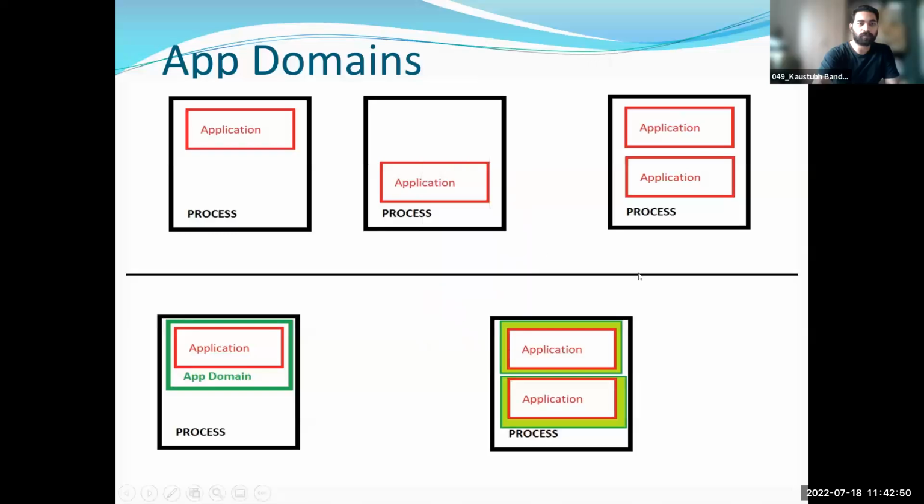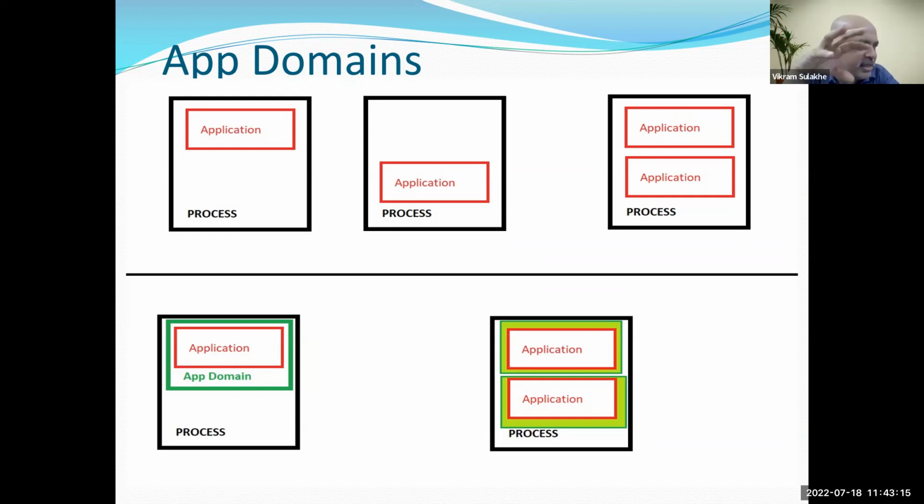Sir, what exactly does that black box of the process indicate? As in, are you saying that it is given much more space or CPU usage for the application, or what exactly does it represent? Every application in an operating system, every time you start an application, needs to be hosted by a process.